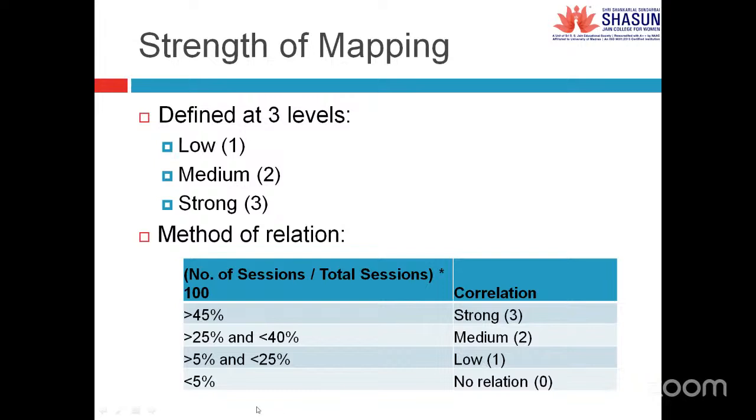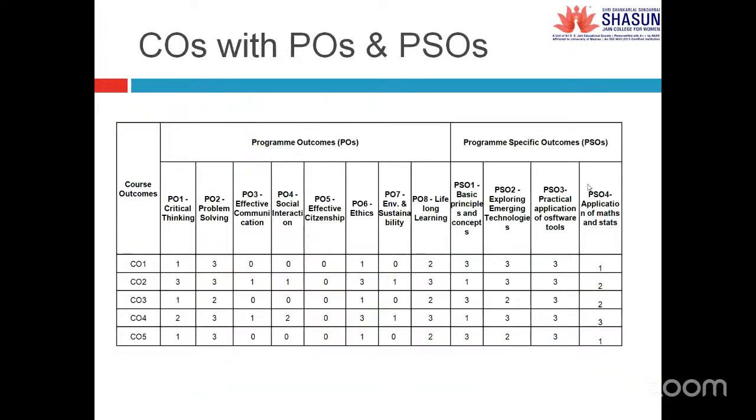If less than 5% of my subject is contributing to a particular PO or CO, I call that no relation, or simply state it as zero. This is how we use the strength of mapping method in mapping the next two levels, COs with the PO and the PSOs.